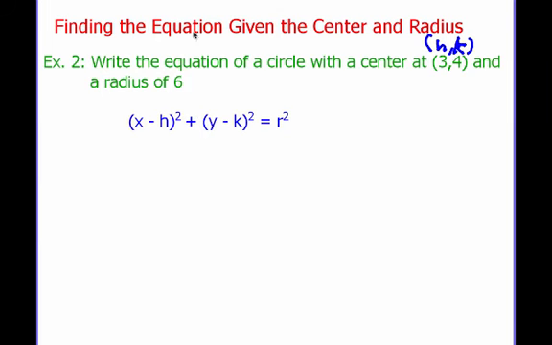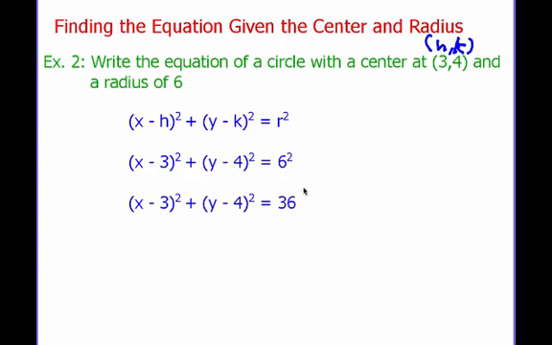So if we put that into the equation, we get (x - 3)^2 and (y - 4)^2. It tells us our radius is 6, so we get 6 squared. We're not quite done yet. We know 6 squared is 36, so to finish our equation, we replace 6 squared with 36.